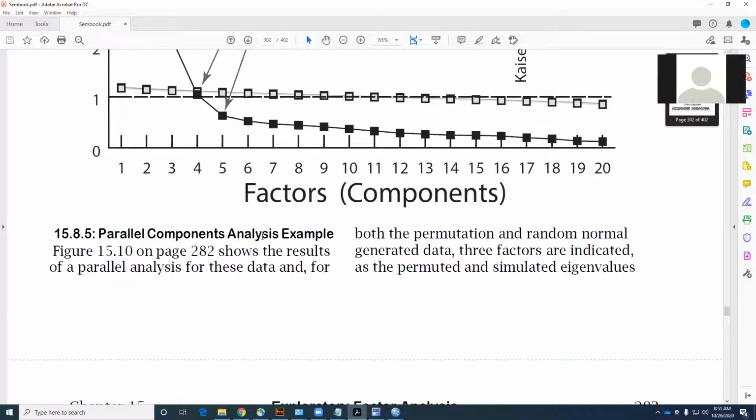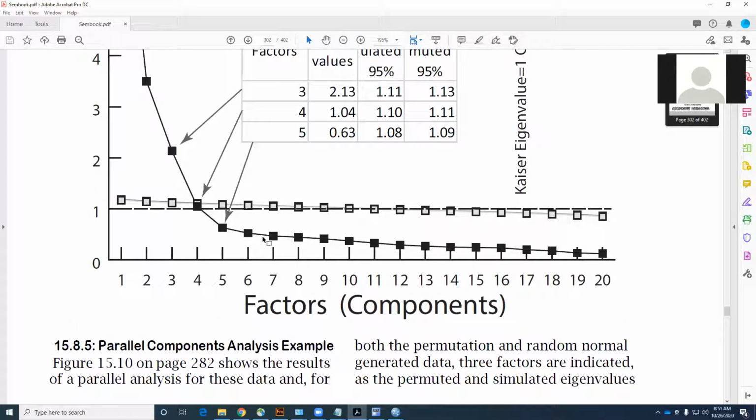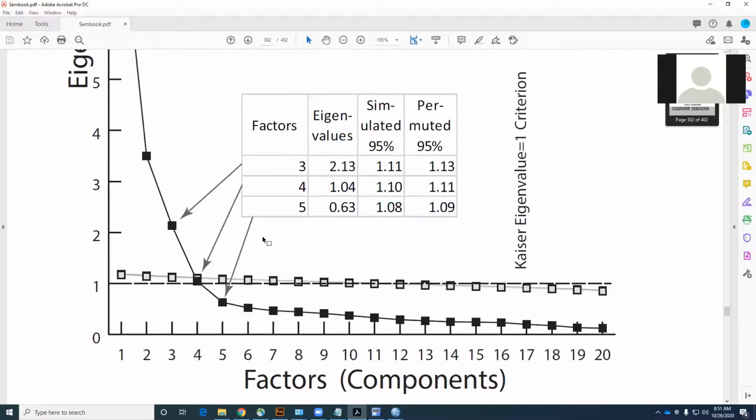I have a question. Yeah. So for the fifth component, the real eigenvalues are below 1, but the simulated and permuted ones are above 1. So what would we choose in this situation? Should we include the fifth factor or drop it?